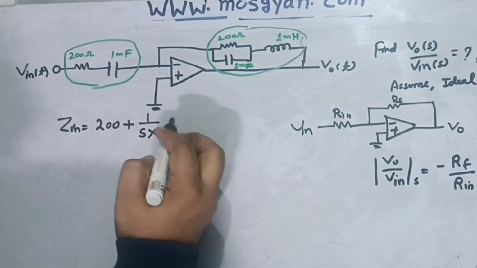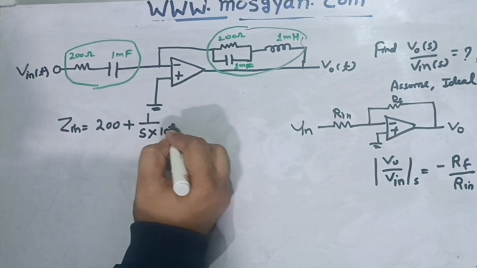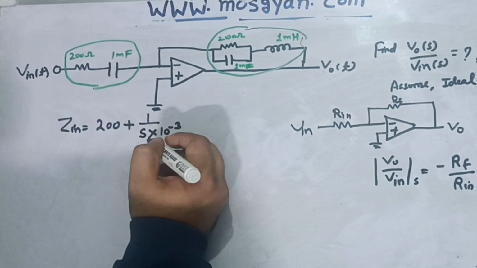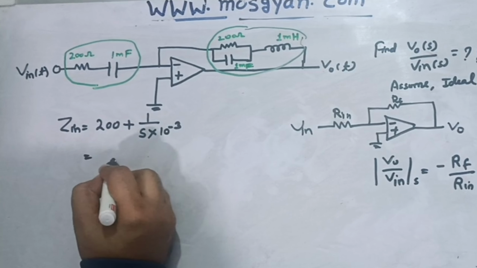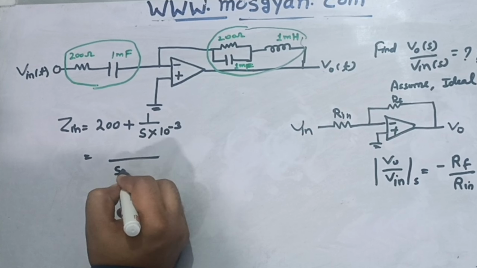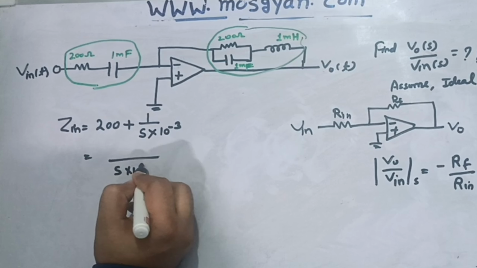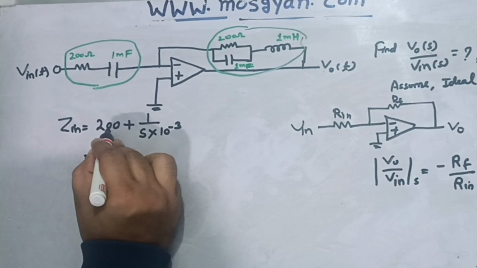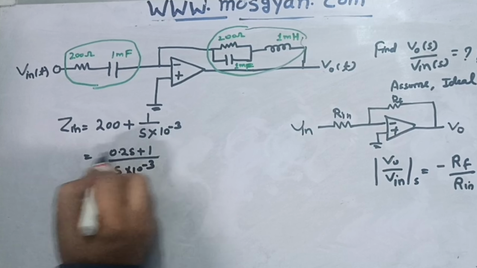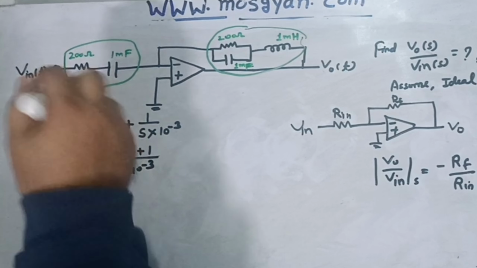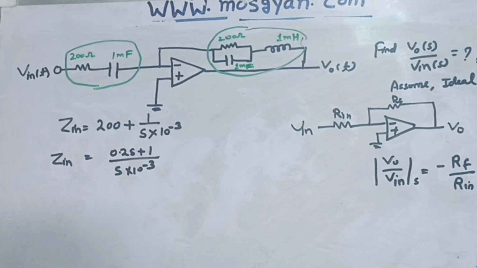C is 1 millifarad, so basically 10 to power minus 3. If I solve it further, I will get LCM as S into 10 to power minus 3, whereas if I multiply this with 200, I will get 0.2 S plus 1. So this is Z in which I have calculated, and it is the series combination of resistance and capacitance.